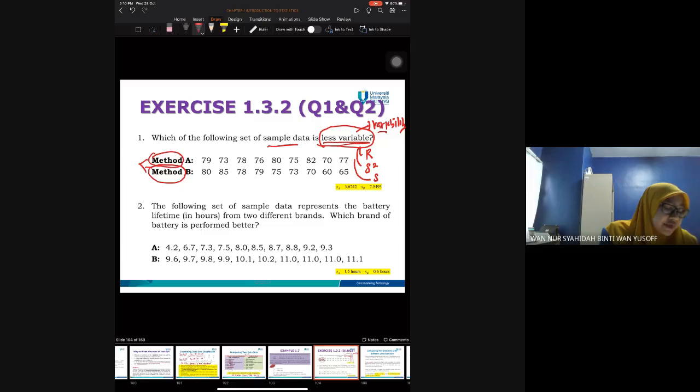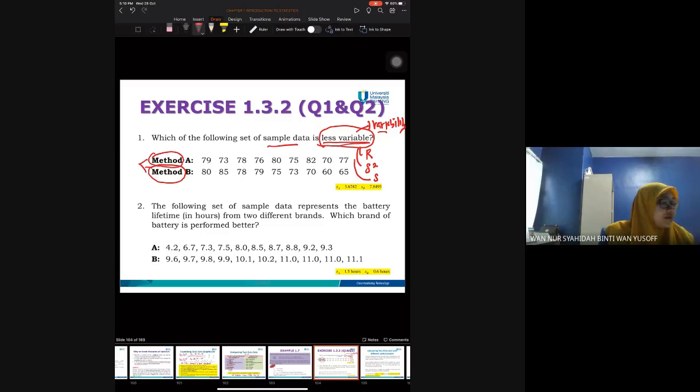We try to identify which data is less variable. You cannot just jump to variability because the exercise is under this subtopic. You have to really understand why we calculate variability here.